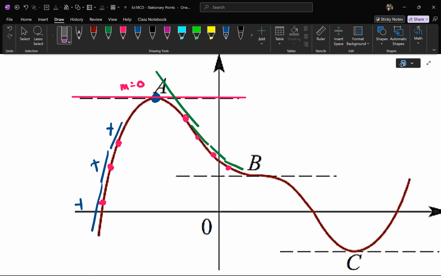Negative. And then back to B, you notice that right at this point here, which is an inflection point, which you learned back in cubics, inflection points get flat right at that particular point. So again, it's 0, and then as I keep going, it continues to be negative, negative, negative, but only at this particular point, gradient 0.